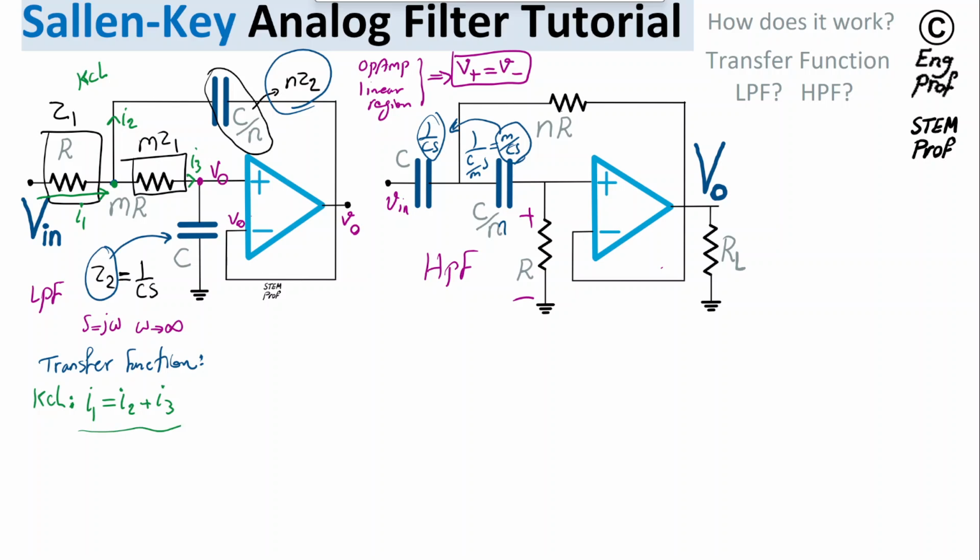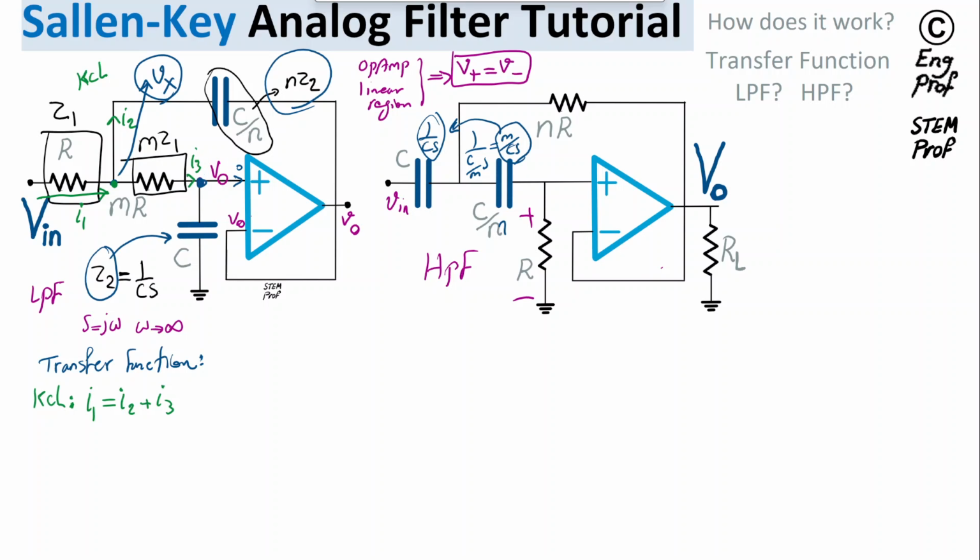Okay, I'm going to substitute these values, but before that, one quick calculation. Because no current can flow through the positive input terminal of the op-amp, effectively the MZ1 is in series with cap C. So these two are in series. I can write a voltage division between the voltage here, which I refer to as Vx, and Vout, which appears at this node.